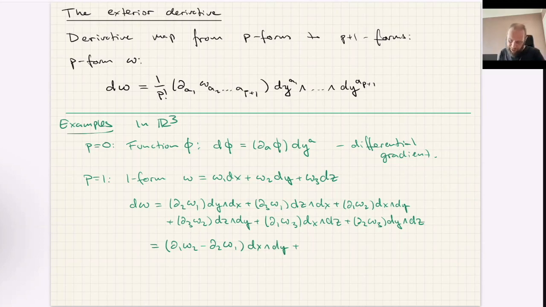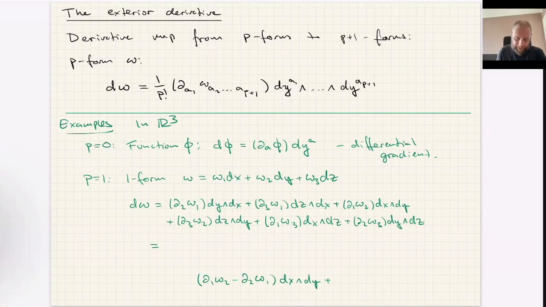Let me move this down a bit. Let me keep that. And let me first take the dy dz terms. So we have two dy dz terms. It's this one, which comes with a minus sign, and it's this one, which is already in that form.